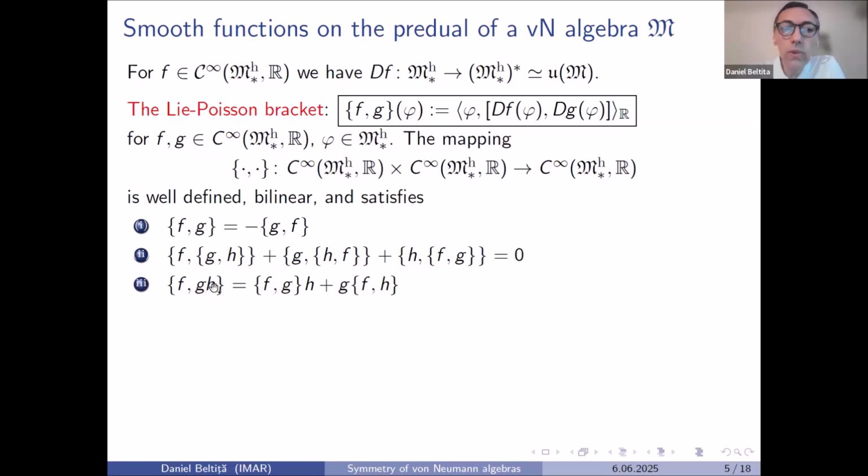And moreover, it is compatible with the pointwise multiplication of functions, because this space of smooth functions is of course an associative algebra. So the Lie bracket satisfies this property that basically if we fix a variable, it is a derivation with respect to the other variable. If this were a finite-dimensional space, then we know that every derivation is a vector field, but this is not a finite-dimensional space in general, so we only know that this is a derivation in every variable.